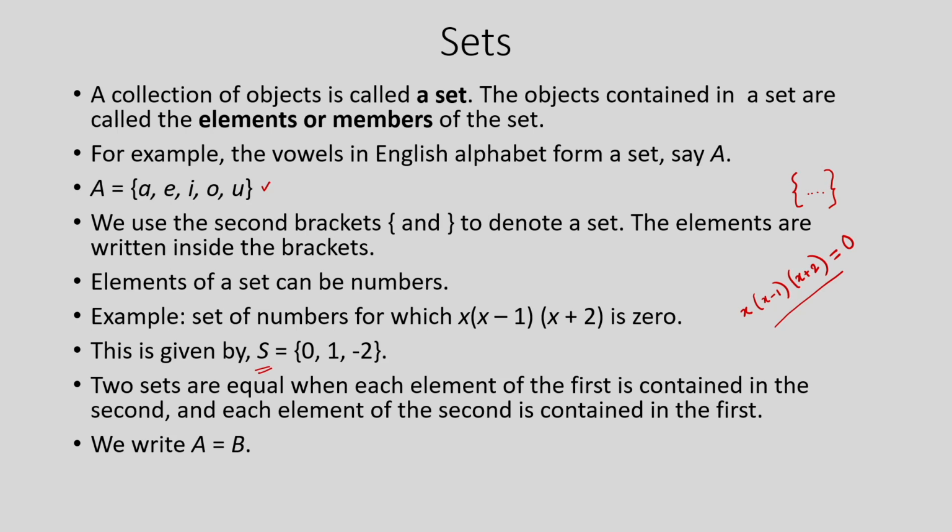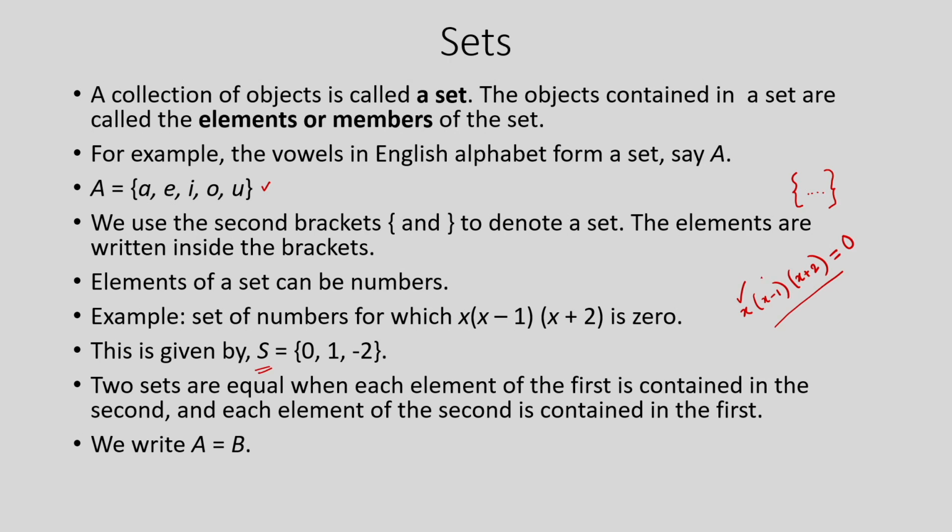And as you can see, what are the elements of this set capital S? There are actually 3 elements in this set: 0, 1 and minus 2. If you put x is equal to 0, then the left hand side becomes 0, because the first factor is 0, and 0 multiplied by anything is 0.